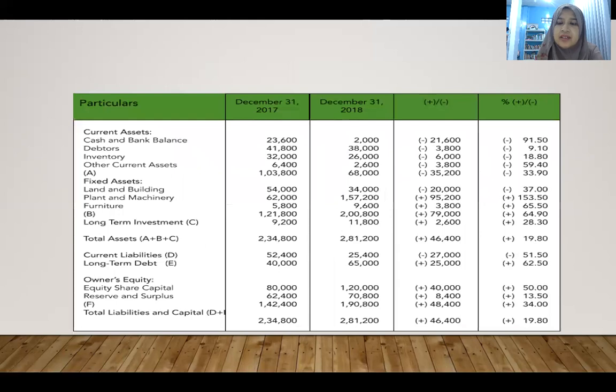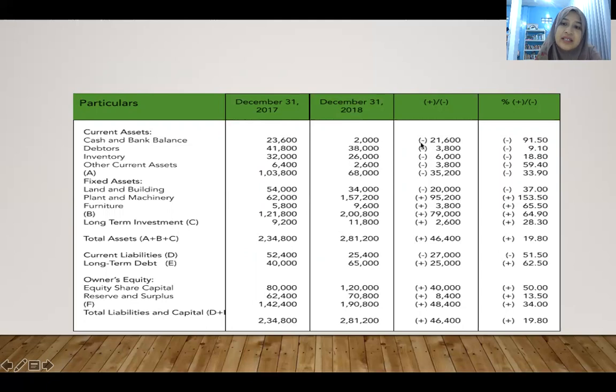It also can give us information on decrease or increase in terms of the figures. Let's say the base year cash and bank balance is 23,600, but for the current year it is 2,000.